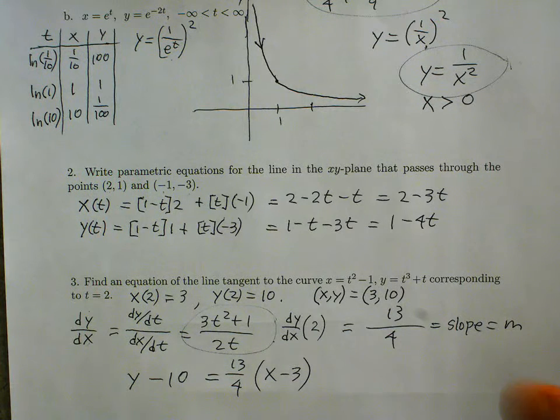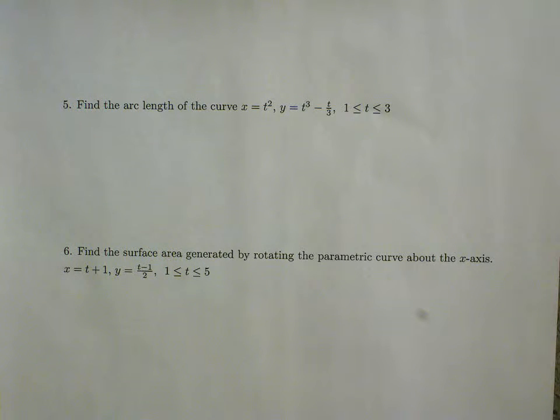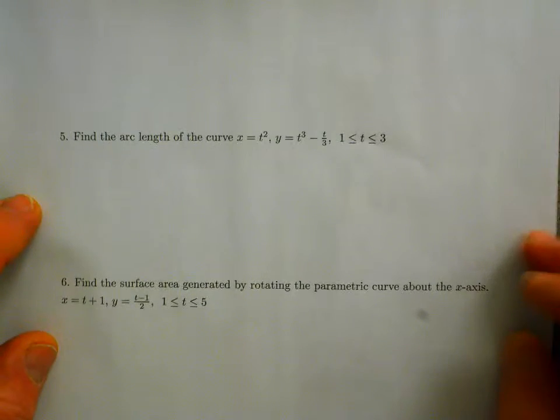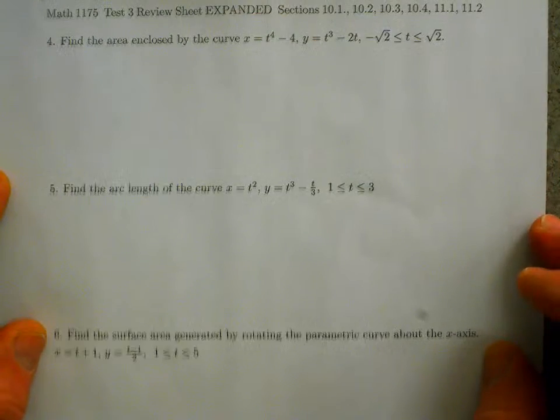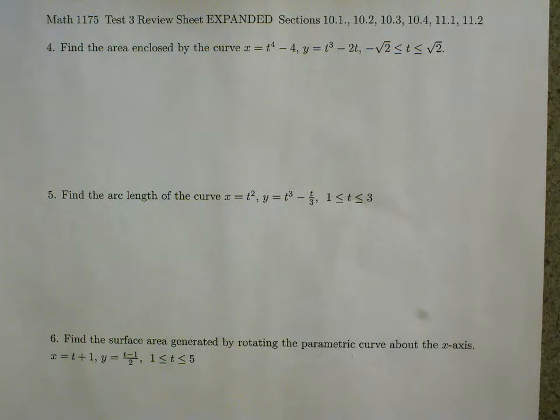Okay, the next page, number 4, find the area enclosed. So find the area enclosed by the curve x equals t to the fourth minus 4 and y equals t to the third minus 2t for values of t between negative square root of 2 and positive square root of 2.